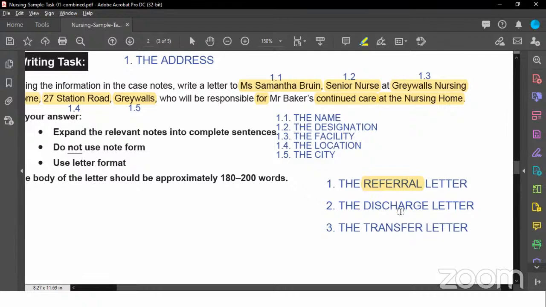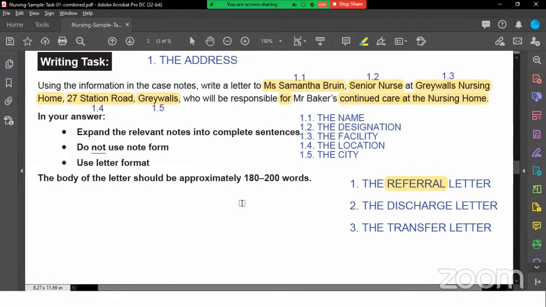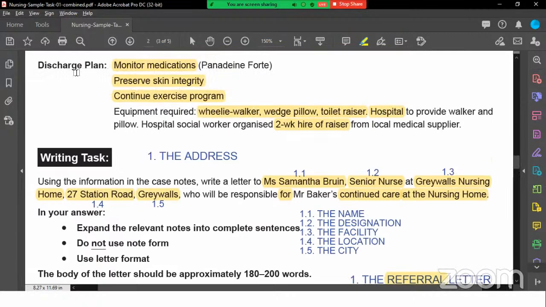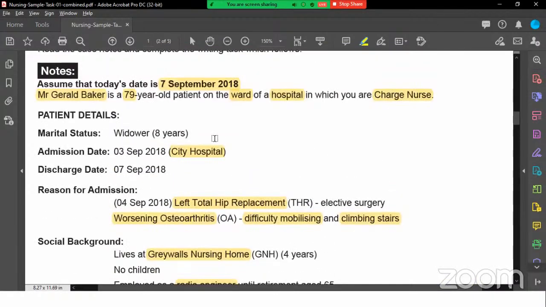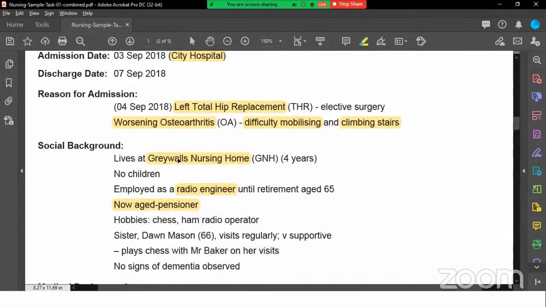But here, he's not saying anything. Then you go to the previous one. The discharge plan is given because he is being discharged, and then he's going to the place where he belongs: Grey Walls Nursing Home.